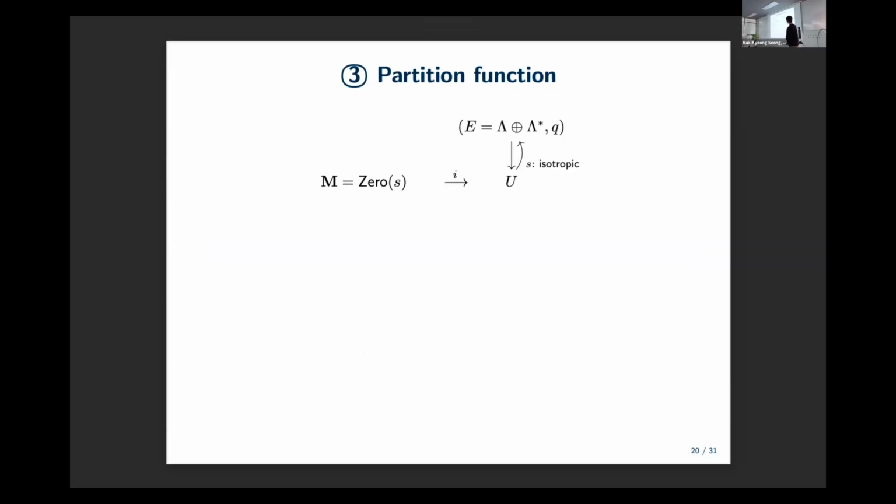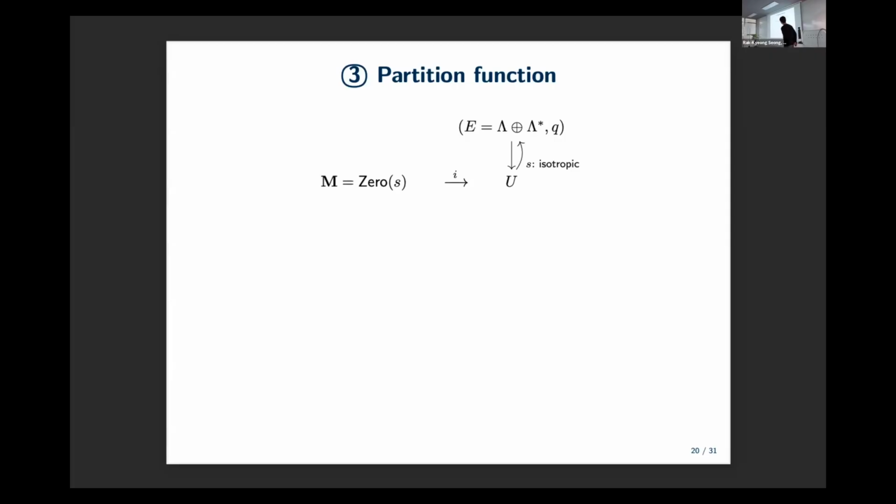Okay, and now we come to the partition function, and as I explained, this E admits an extra data of Q, and in fact that Q comes from a splitting of this isotropic part and the complement, and the section is isotropic, but if S were factored through lambda, this is obviously isotropic by the definition of isotropic subbundle, but it's actually mixed.